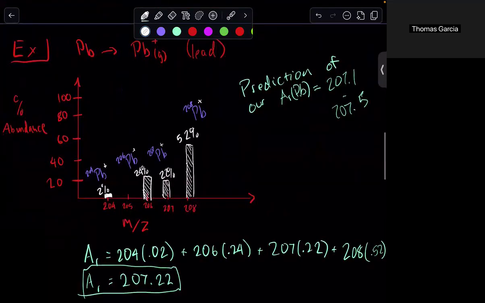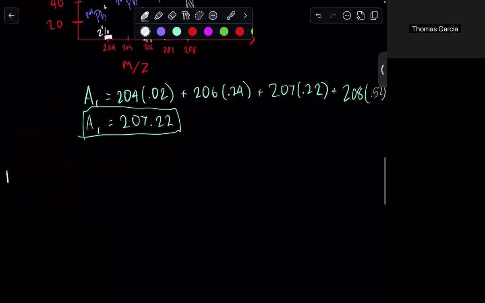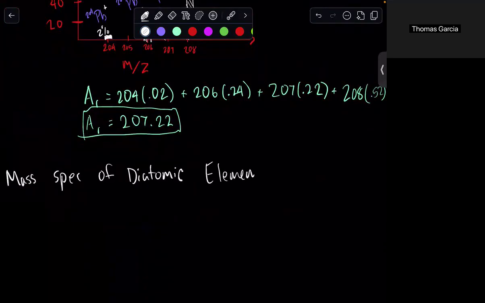But now we're going to extend it past to the mass spec of diatomic elements. We briefly mentioned that there are some elements that are diatomic.